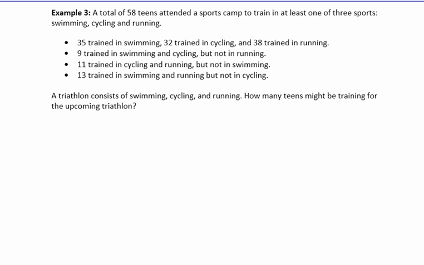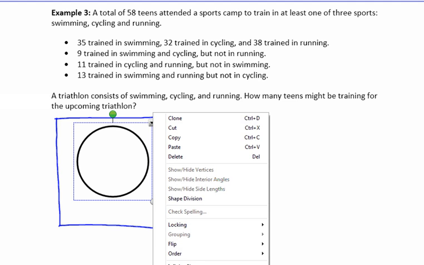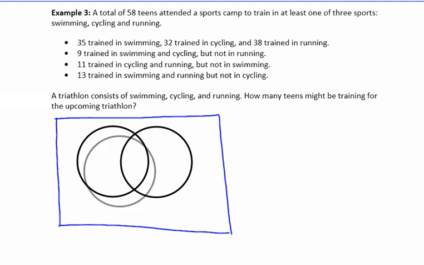A total number of 58 teens attend a sport camp to train in at least one of 3 sports: swimming, cycling, and running. So let's draw that out. So we have swimming, cycling, and running.